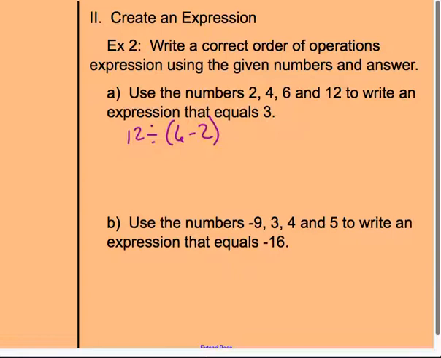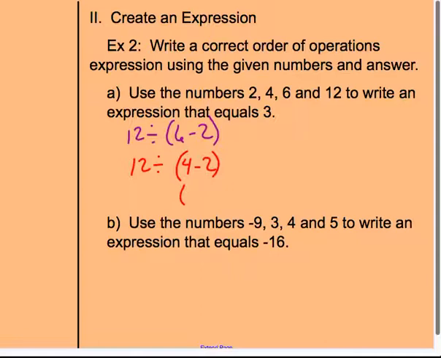So then I will think about maybe 4 minus 2. 4 minus 2 gives me 2. And if I do 12 divided by 2, that gives me 6. But I don't think I can do 6 and 6 to get 3. So maybe I want to do some addition.